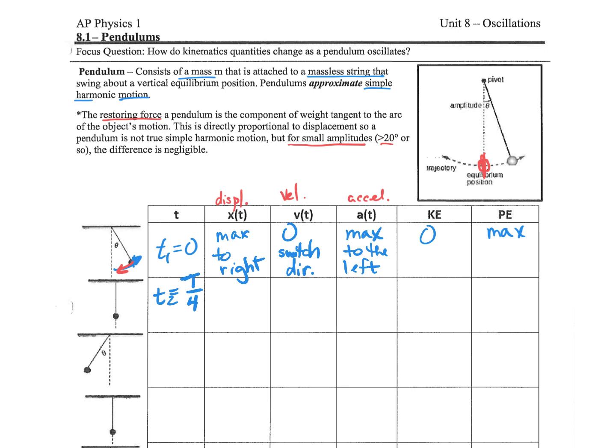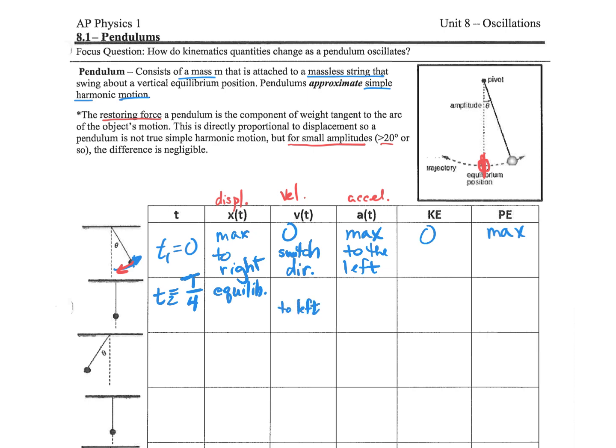Now, what about its velocity? What direction is the velocity pointing? Okay, it's to the left. So this is at equilibrium. The displacement is now at equilibrium. The velocity is to the left.